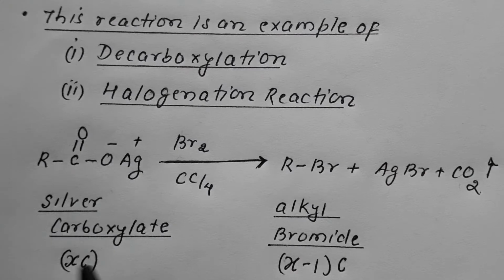Why? Because decarboxylation is taking place. Since carbon is getting decreased by 1, it is termed a descent of series reaction.